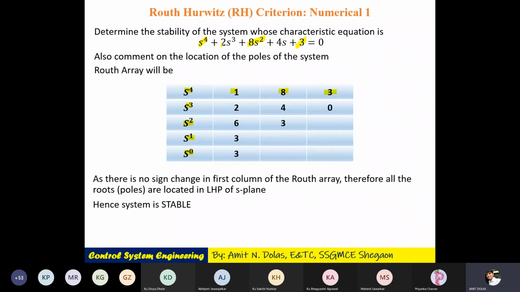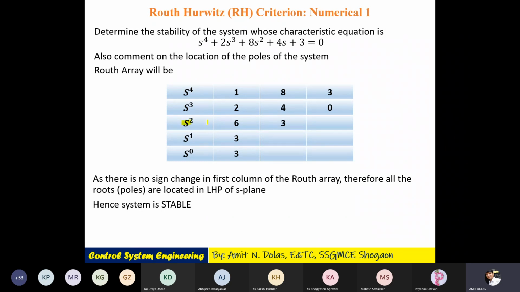Similarly for the S cube coefficient, then the S coefficient. So the S cube coefficient is 2 and this coefficient is 4. After writing these two rows of the Routh table, then calculate the further order elements.